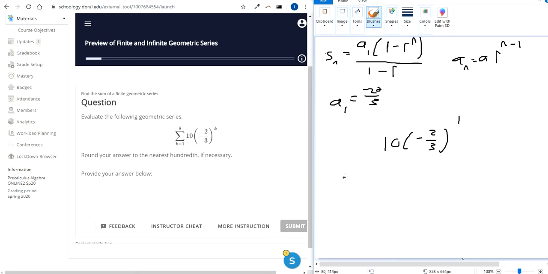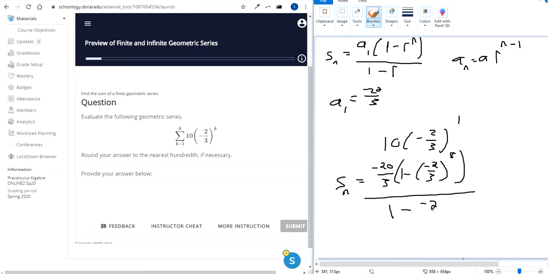So to find that sum, s sub n, we take that first term of -20 over 3, and then multiply by 1 minus the common ratio, which is always this number that's being raised to the power, right? We're multiplying by -2/3 each time. So -2/3 to the 8th power, and then divide it by 1 minus that common ratio.